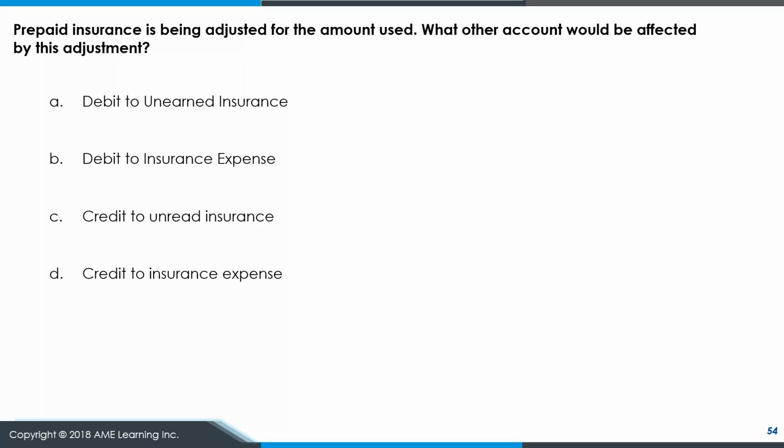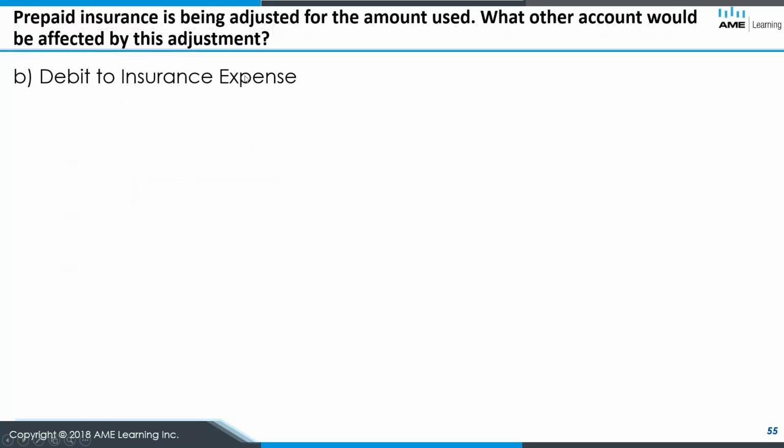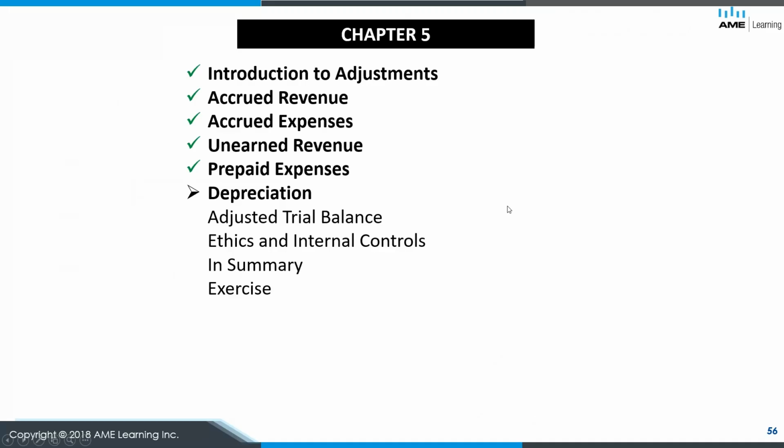Remember that DEAD circle, our mnemonic device, has the E under the D. So the expense part being under the D shows us that expenses increase with the debit. And so the debit will be an increased insurance expense. We're talking about insurance, so B is going to be the right answer for us there.